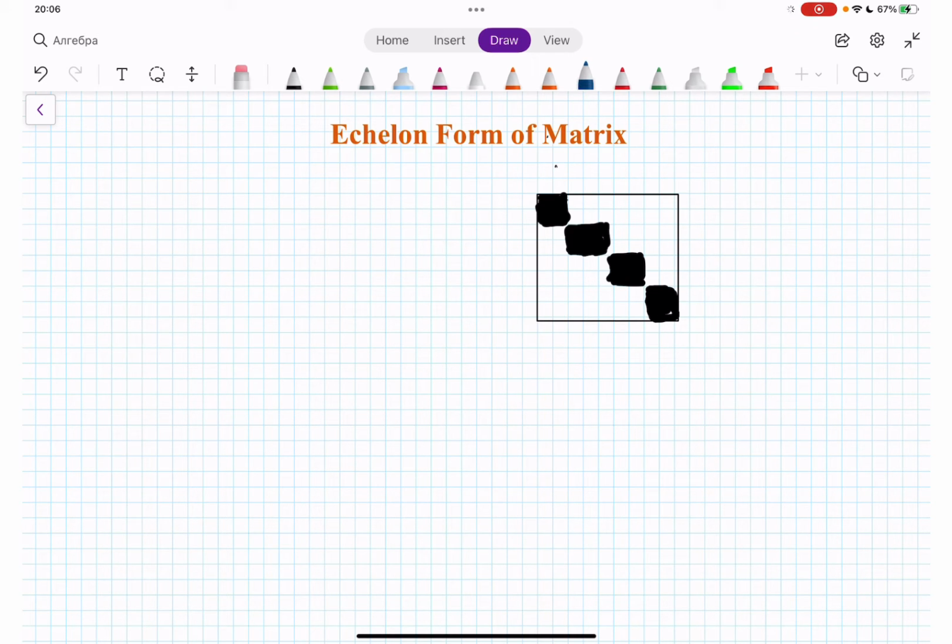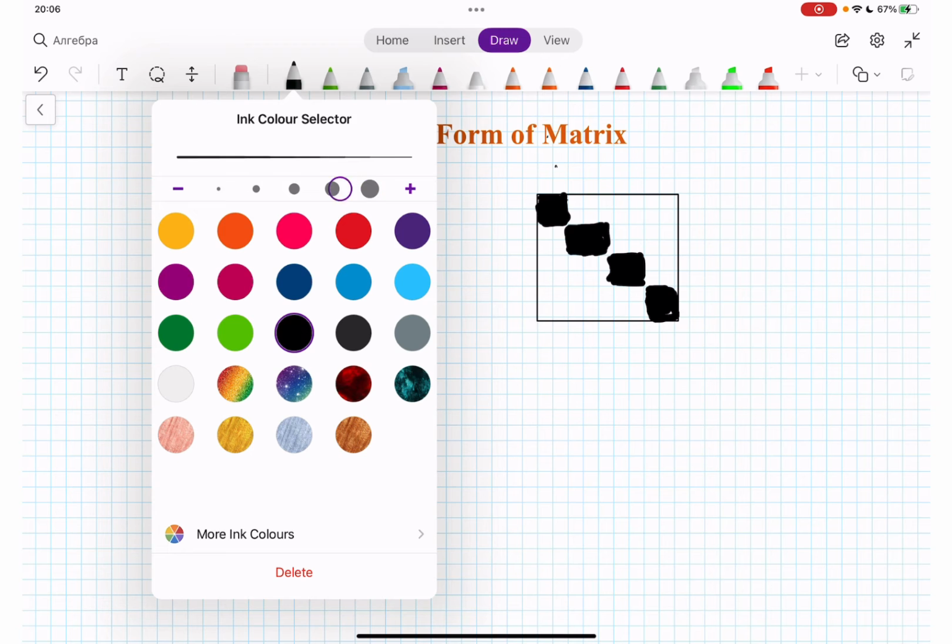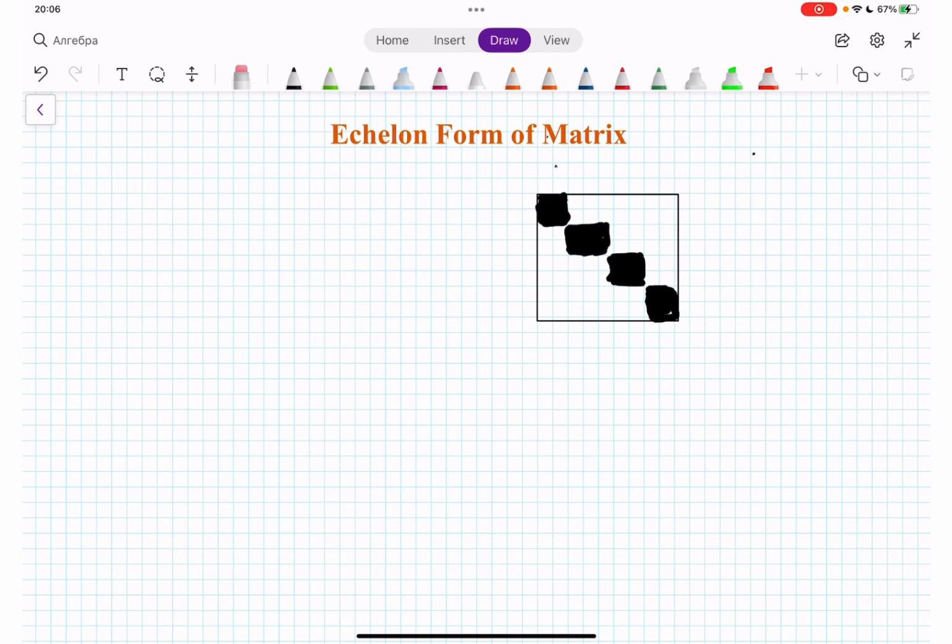Now, underneath these empty rows, those are zeros. On this side, we have some numbers. It can be any numbers or zero.